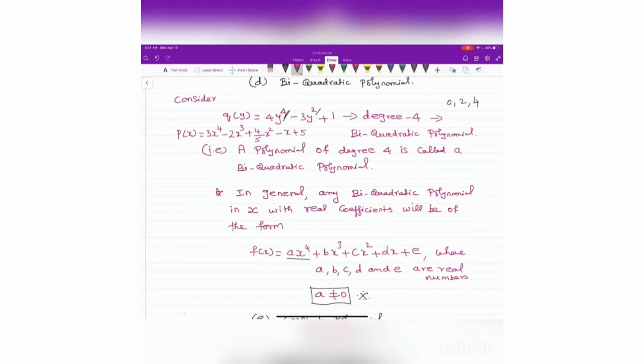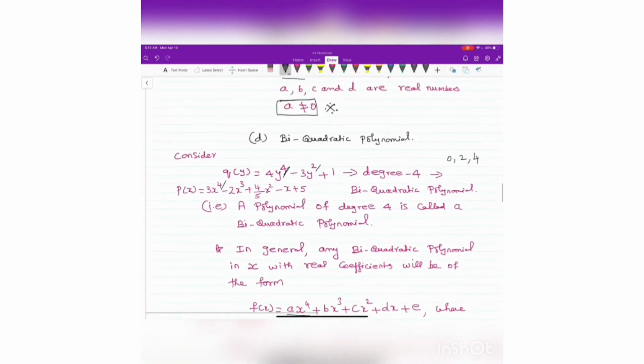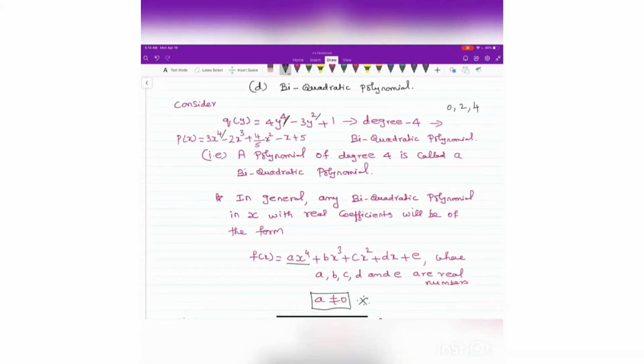If you consider this polynomial, here also you are having the highest power as 4. Then you are having x cube, that is power 3, 2 is there, here it is 1, and in this place it is going to be x power 0.